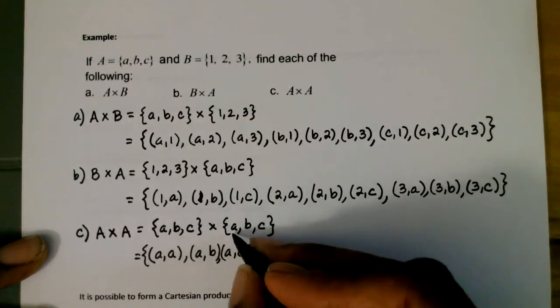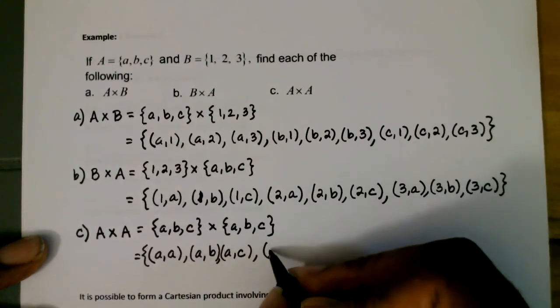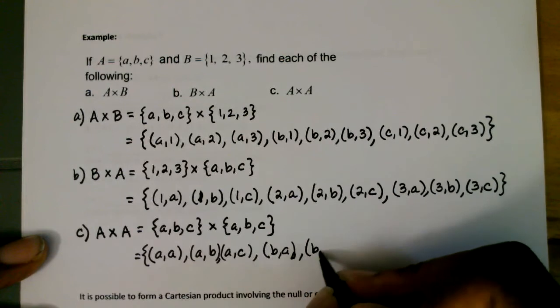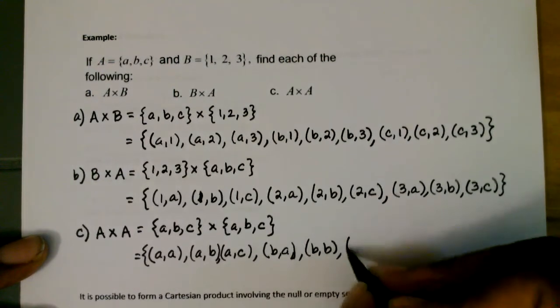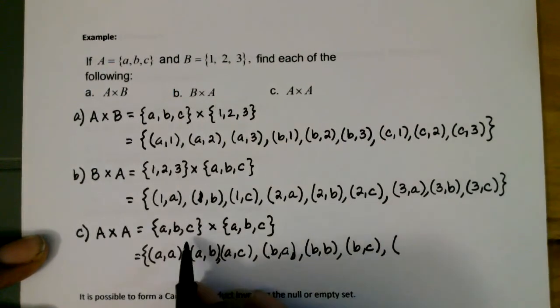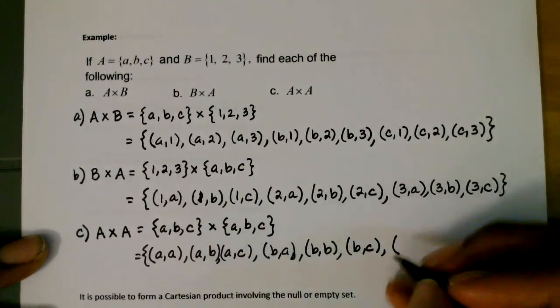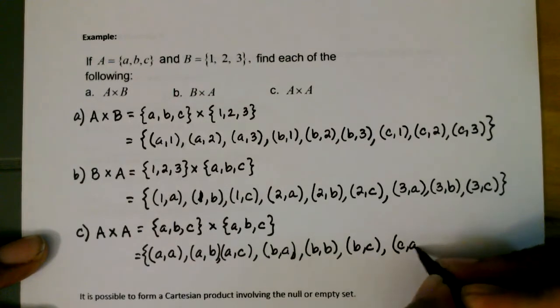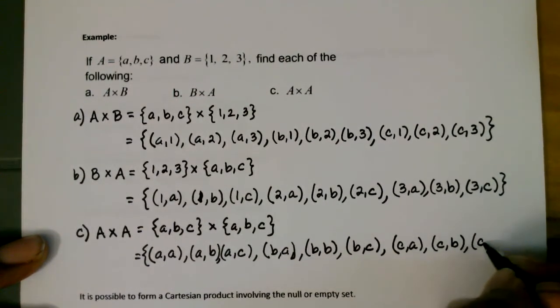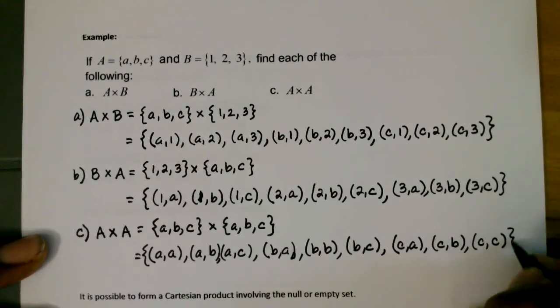And then b will be paired with each and every element. So b is paired with a, b is paired with itself, b is paired with c. And then c will be paired with each and every element as well. So c is paired with a, c is paired with b, c is paired with itself.